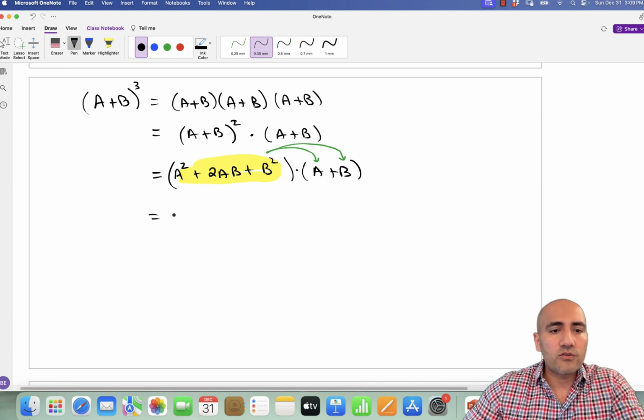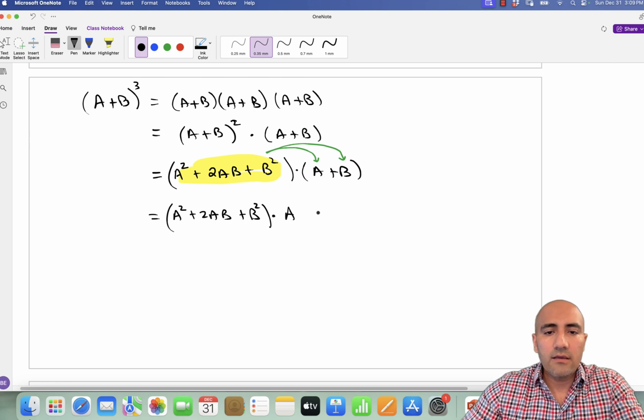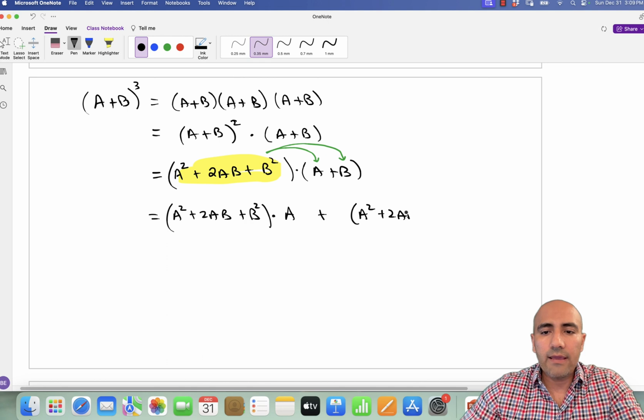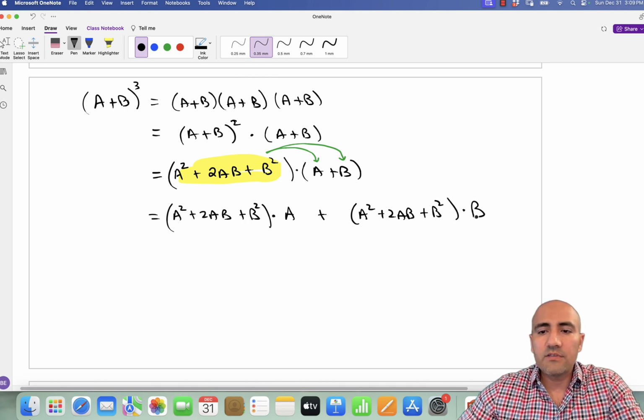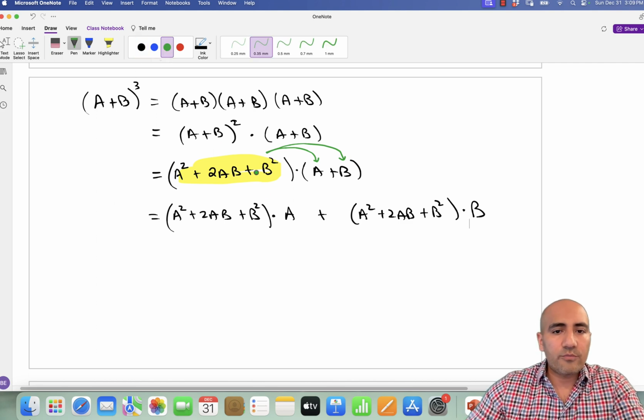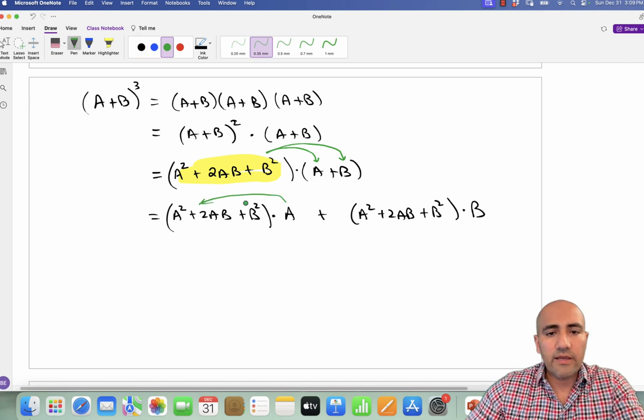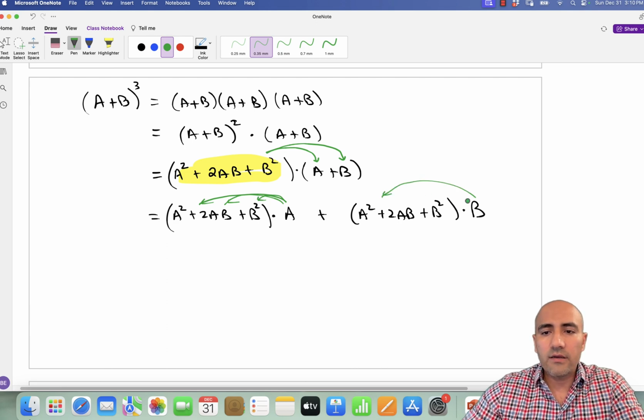So this will be equal to (a squared plus 2ab plus b squared) times a, plus (a squared plus 2ab plus b squared) times b. And then we're going to do distribution one more time: distribute there, there, there, and then there, there, and there.